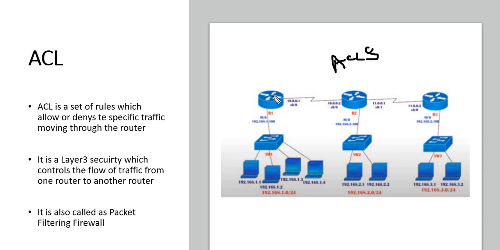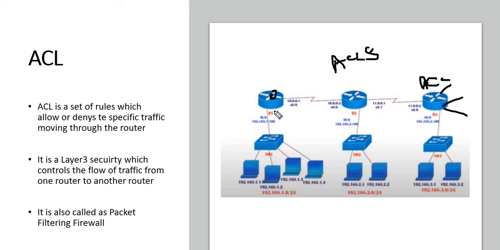Why? Because if you put it here and there are 100 networks, you have to do the ACLs for all these 100 networks. So always do it near to the destination. You write one ACL on this router.